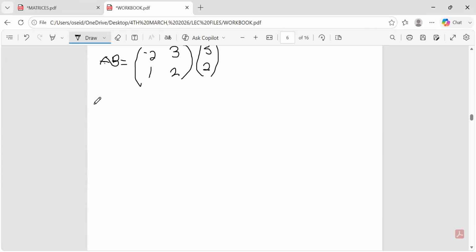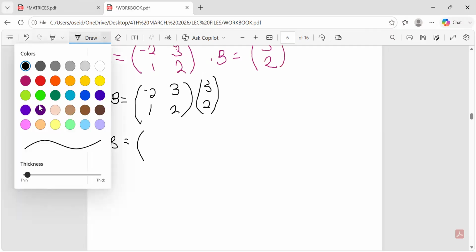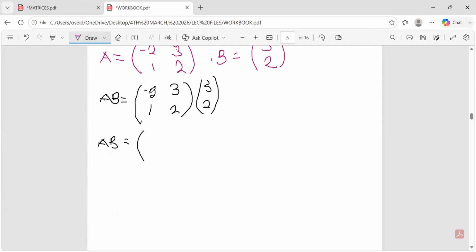So we are going to get AB equal to negative 2 times 3, plus 3 times 2. Please, when you are doing this, be careful, because it needs much attention, else you might make a mistake.